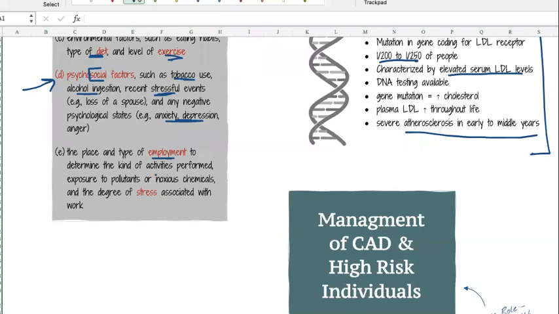Because the types of activities performed can tell us whether or not the patient has been exposed to any kind of chemicals or pollutants that could increase cardiac workload or affect the endothelial layer, and also depending on the amount of stress associated with that work.